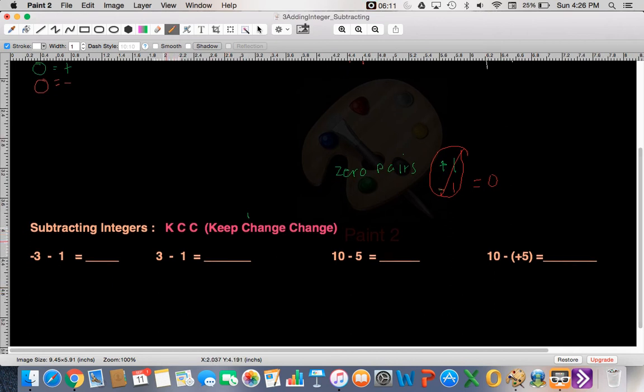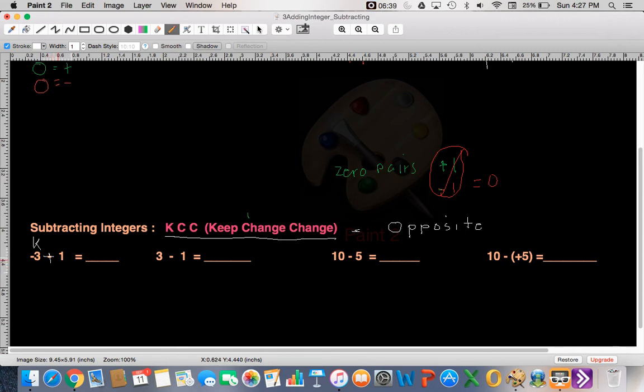Subtracting integers: one simple rule, KCC, keep, change, change. So here we're going to do the opposite. You keep this number, negative, and what's the opposite of negative? Positive. So it would become positive.